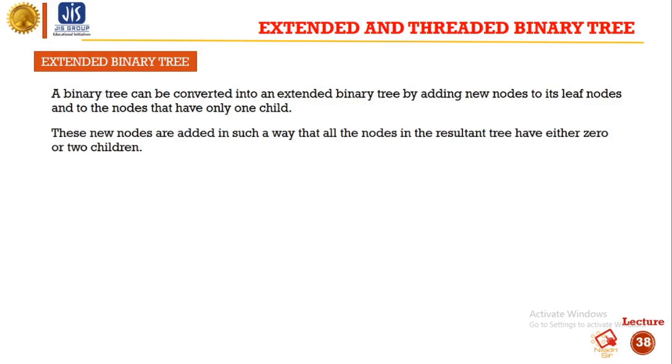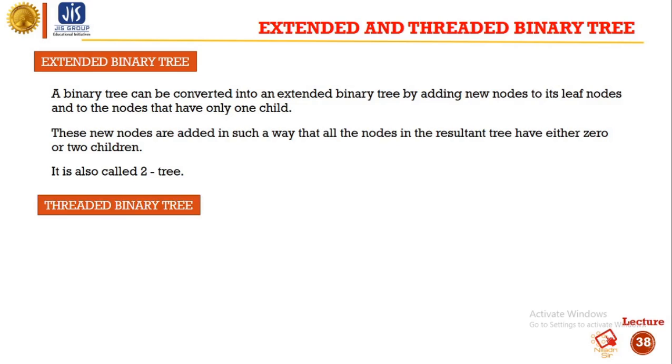So in an extended binary tree, any node must have either 0 or 2 children; it cannot have one child. There will be no node which has degree 1. Either it will have 0 or 2. That is why it is called a 2-tree, either 2 or nil.